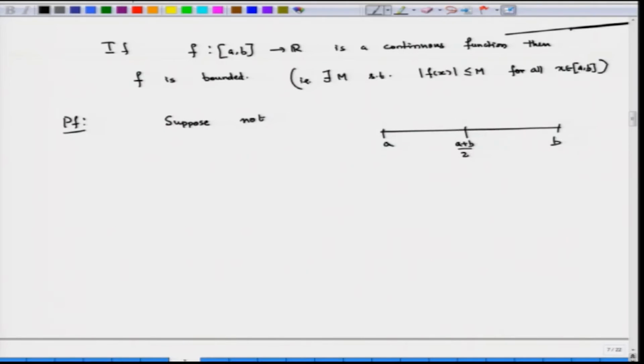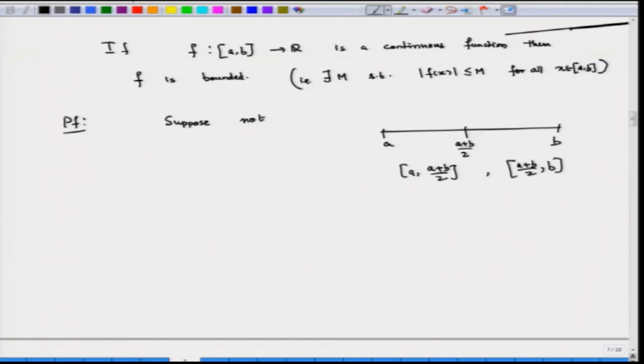If f is bounded on [a, (a+b)/2] and on [(a+b)/2, b], then obviously f is going to be a bounded function on the closed interval [a, b].